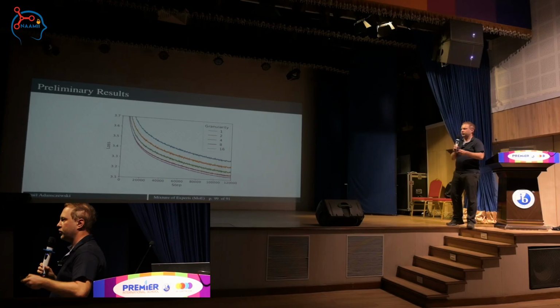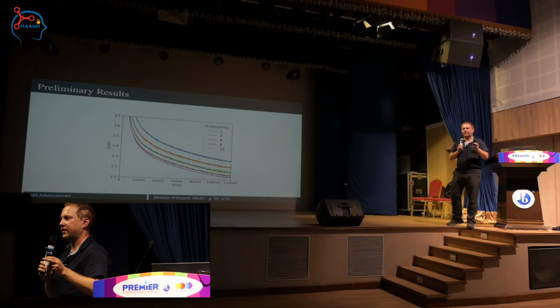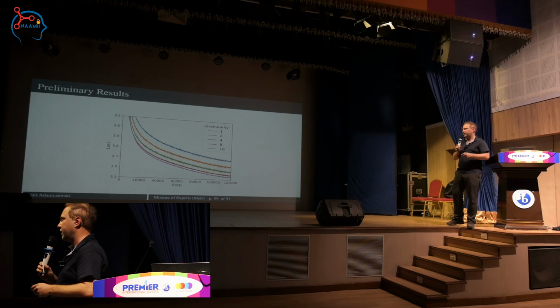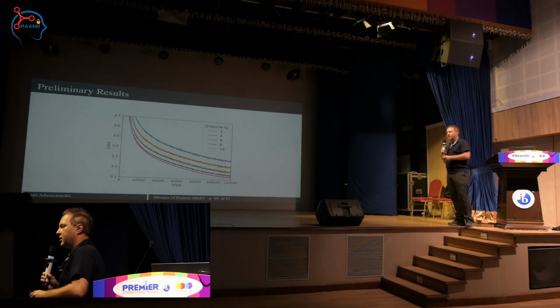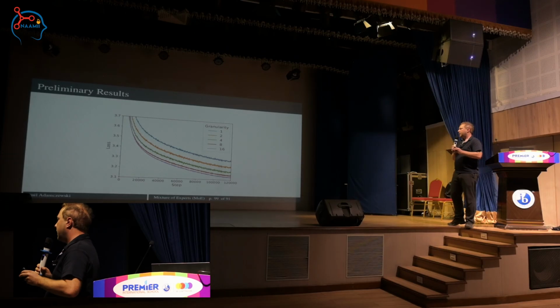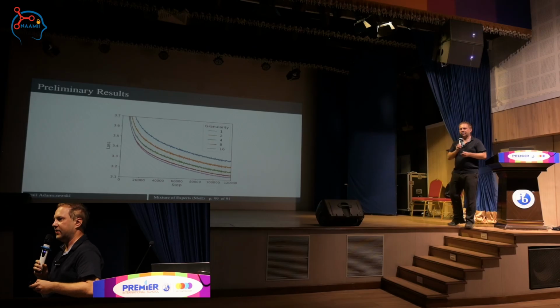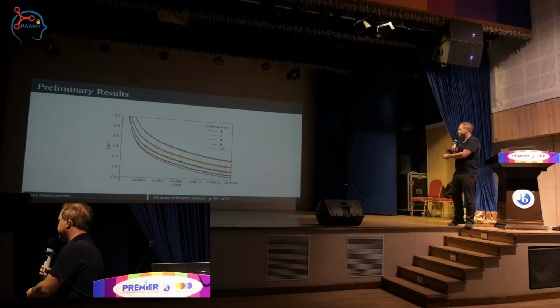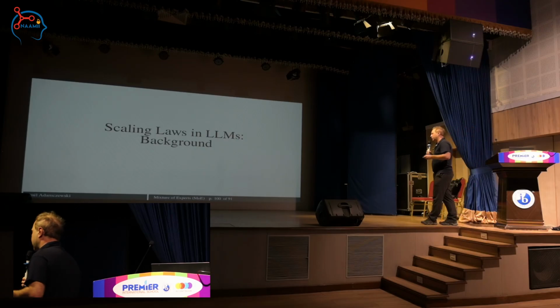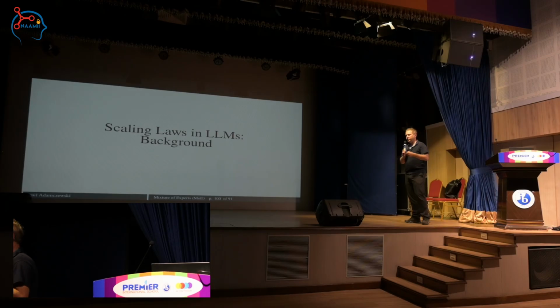So if granularity is 2, we divide the original expert into 2, into 4, 8, 16, and so on. As you can see, there is some saturation going on, but generally speaking, there is a tendency that making experts smaller and more numerous makes the model better. So, okay, this is the fine-grained model. That's something that you may also use if you want to improve your models.